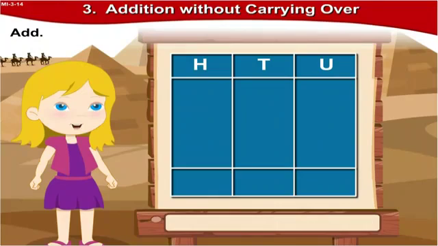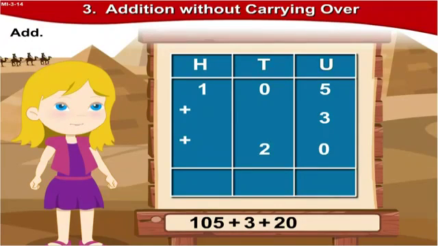Now, the next sum, 105 plus 3 plus 20. First, we'll arrange them in vertical order and we'll write HTU. Now, 105 is 1 hundred, 0 tens, 5 units, plus 3, that is 3 units, plus 20, that is 2 tens, 0 units.